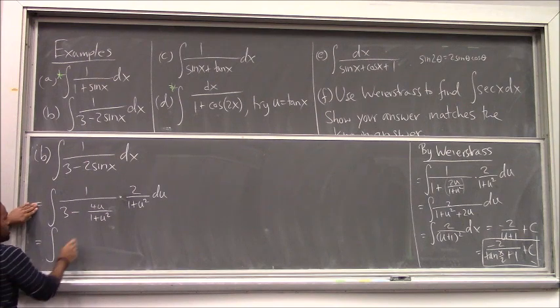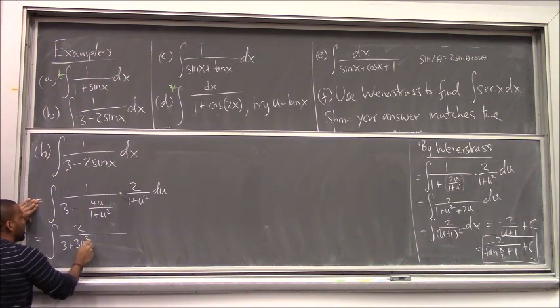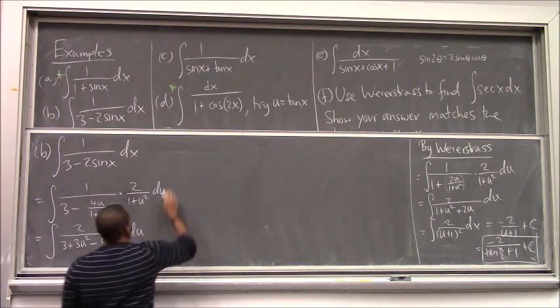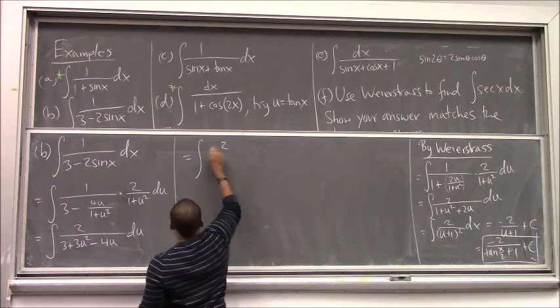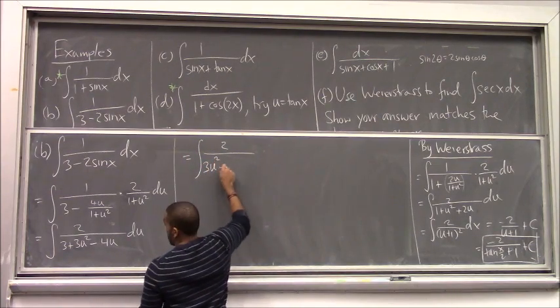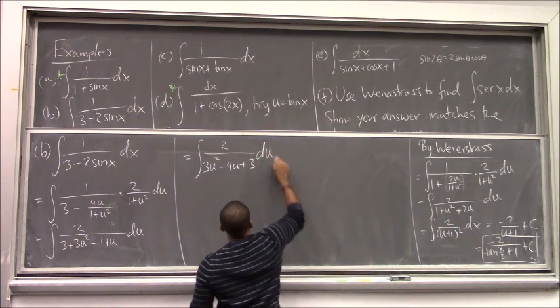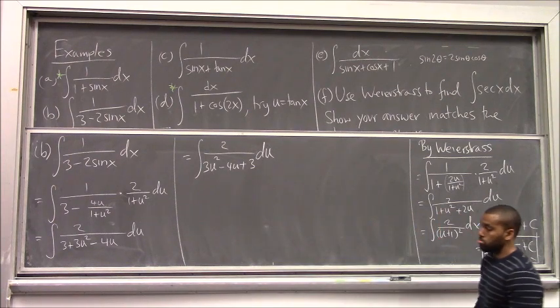This is going to be 2 over 3 plus 3u squared minus 4u. So with the Weierstrass substitution, that's what our integral becomes.